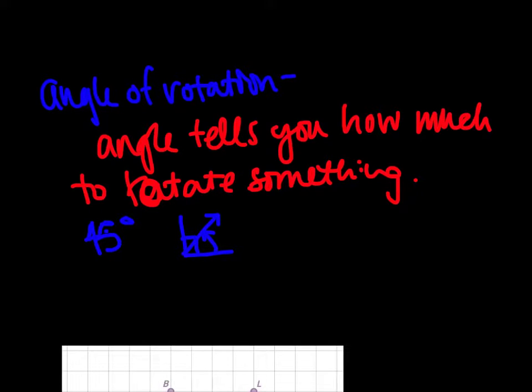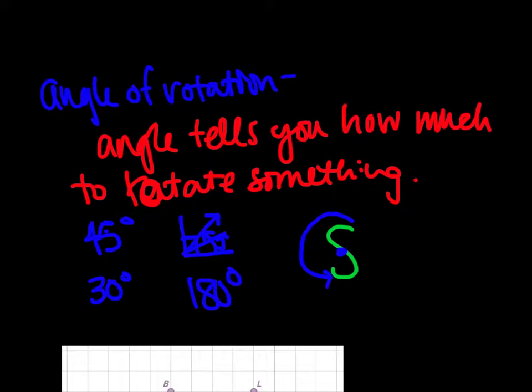You could see angles of rotation of 30 degrees, so even smaller. Or you could have big angles of rotation of, say, 180 degrees. If we think about the letter S, it has a center of rotation about the middle of the S. And if we were to rotate it 180 degrees, we'd have the exact same image. It would still be an S. And so it has a 180-degree rotation. It could also turn back the other way and be back upright and be 180 degrees.